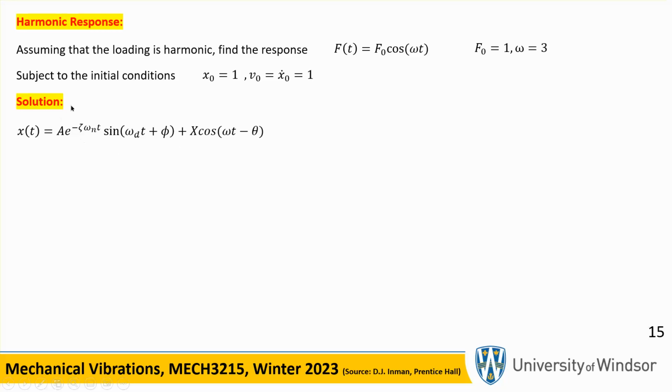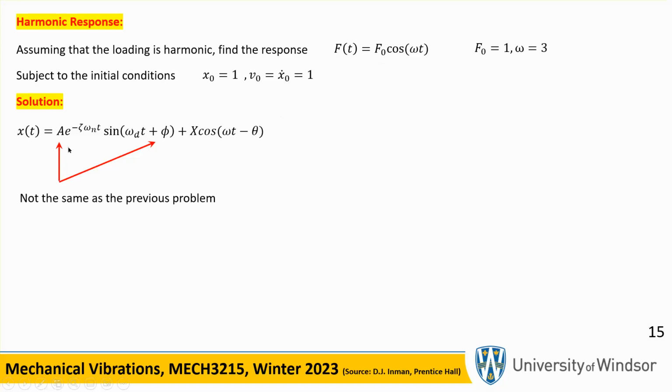So there is this that will die out as time goes on, and this that will never go away. Okay. So these A and phi are not the ones on the previous slide, because those are associated with free vibration.